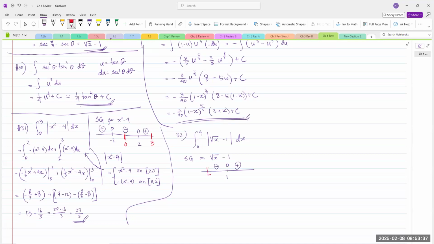That's the domain of the function. We will observe that only up to 4. So the absolute value of square root of x minus 1 is square root of x minus 1 for x between 1 and 4, and 1 minus square root of x between 0 and 1.